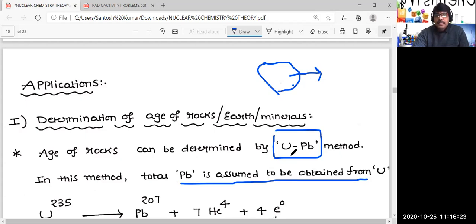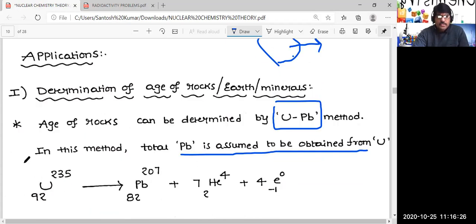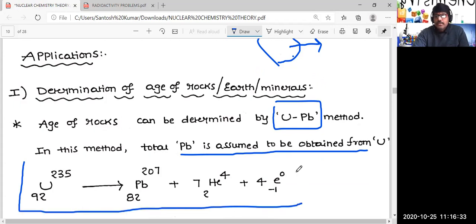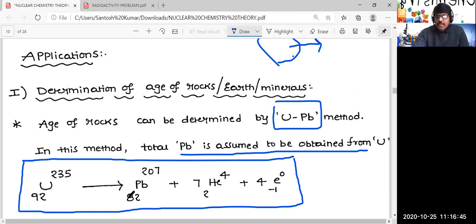And what is the reaction here? The reaction is uranium 92 235 isotope. It is radioactive. It undergoes disintegration, and during this disintegration, it gives a product nuclide that is lead 82 207. 1 mole of this uranium isotope will give 7 moles of alpha particles, dipositive ion of helium, and also 4 moles of beta particles.